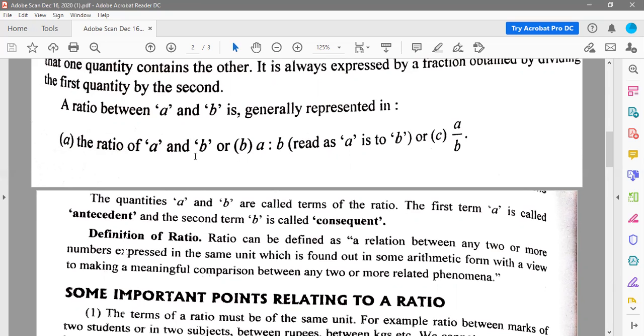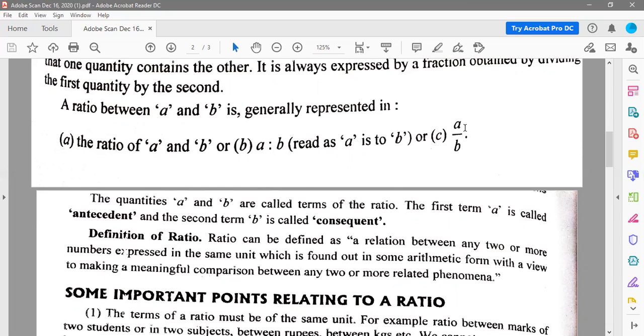But if they're giving it in numbers, they'll just give it directly, which is ratio of A is to B. Now, when you have this colon here, we represent that as 'is to'. Or the other form of representation is just division, A divided by B.